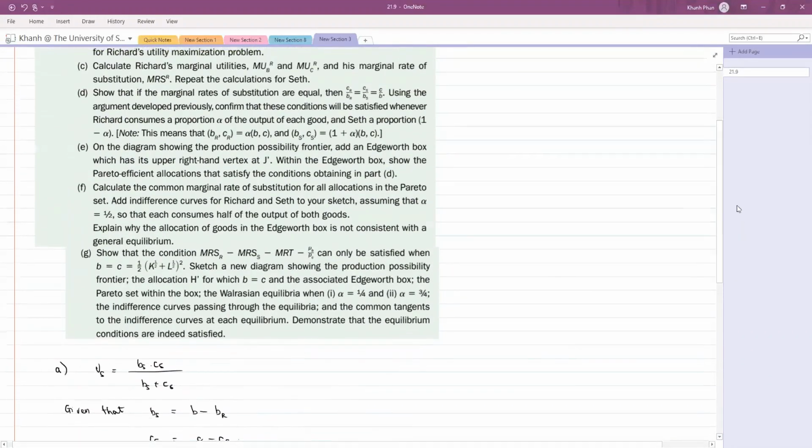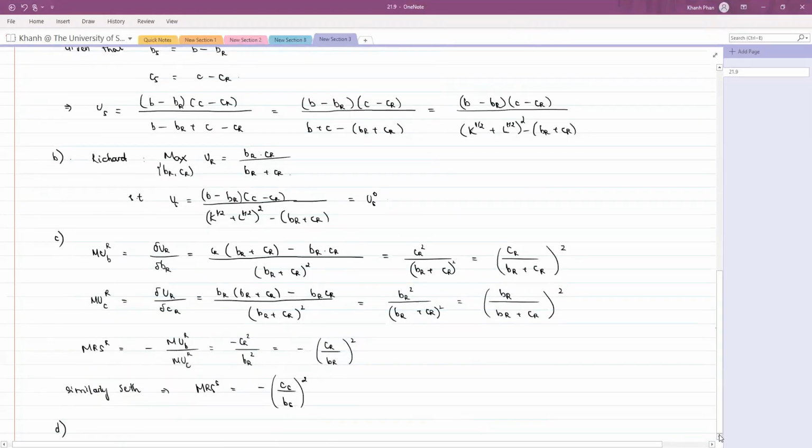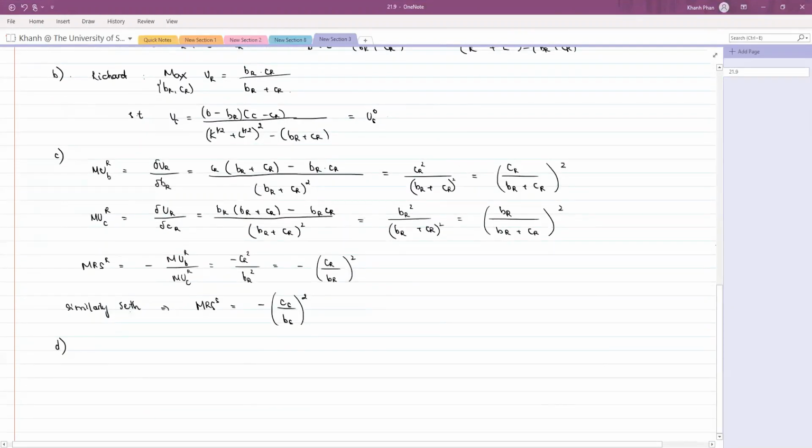Now part D asking you to show that if the marginal rates of substitution are equal, then we get this condition over here. So CR on BR equal to CS on BS equal to C on B. So if the marginal rates of substitution for the two consumers are equal to each other, so marginal rate of substitution for Recharge is equal to marginal rate of substitution for SET, then what we get is negative CR on BR squared equals negative CS on BS squared.